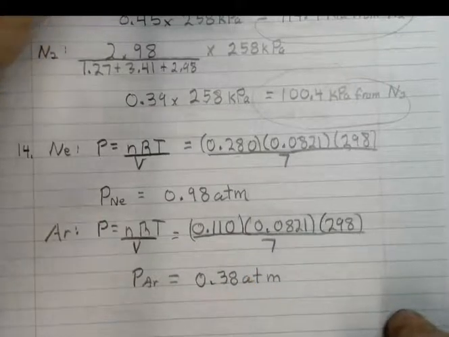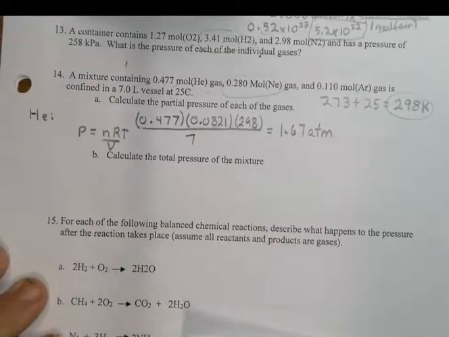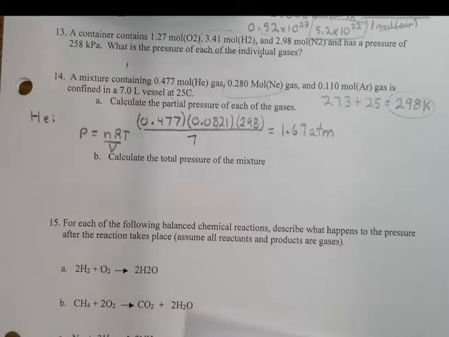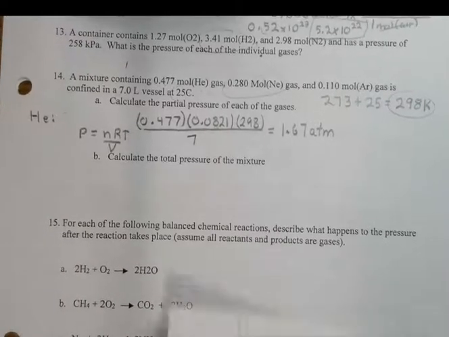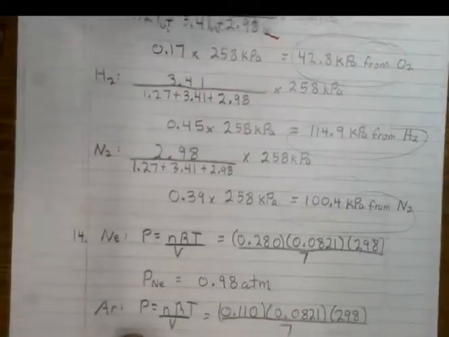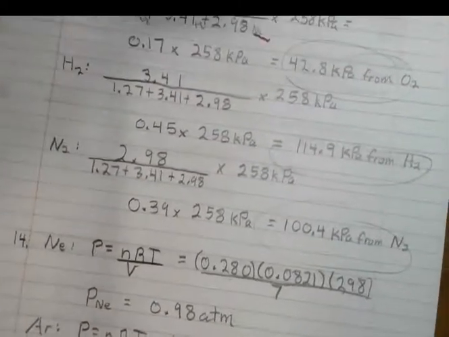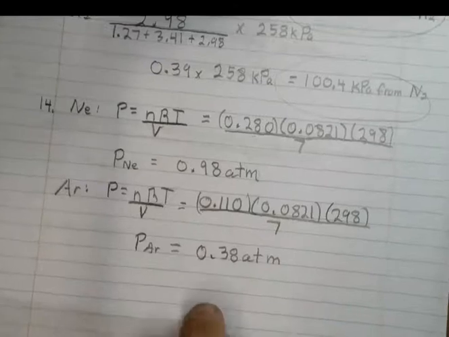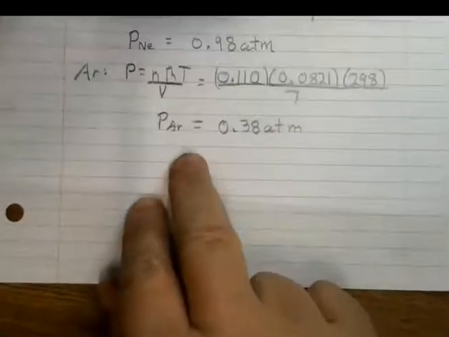Okay, so we got the pressures for each of those different components of the gas. So to calculate the total pressure, you simply add them together. And this is called Dalton's law of partial pressures. So let me get this down here.